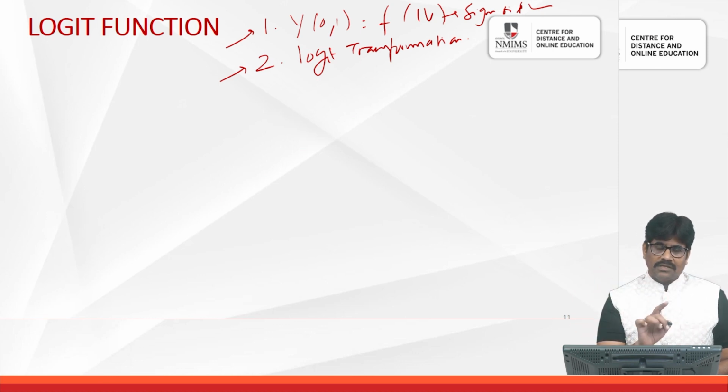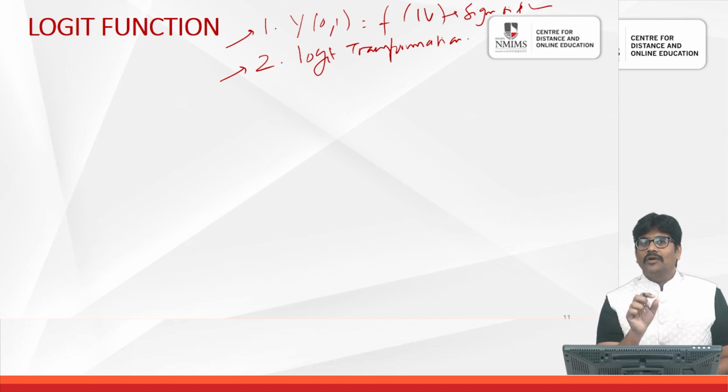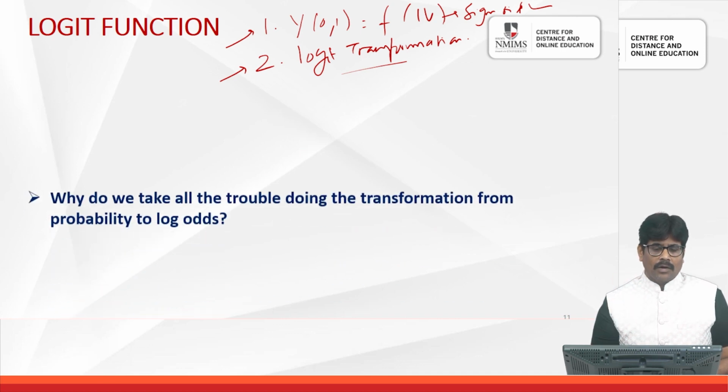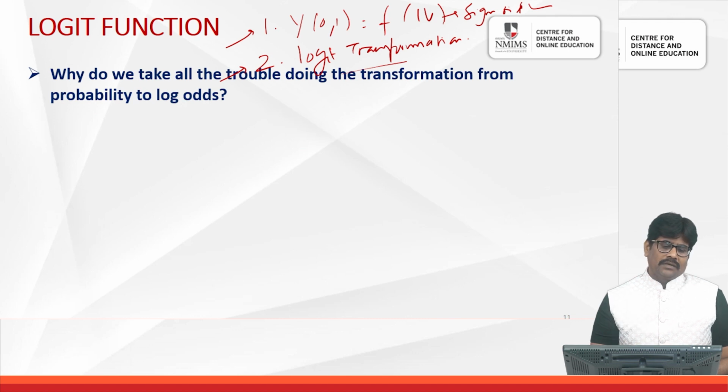But after establishing the relationship, it is only a problem half solved because I could not interpret the relationship between the dependent variable and independent variable, and hence I need some transformation. That's where the logit transformation comes into play, in terms of establishing a generalized linear relationship between the dependent and independent variable.